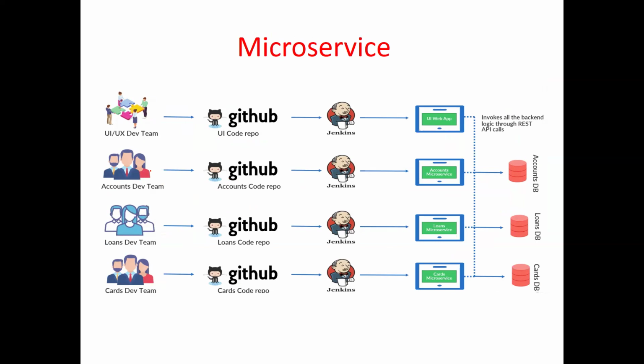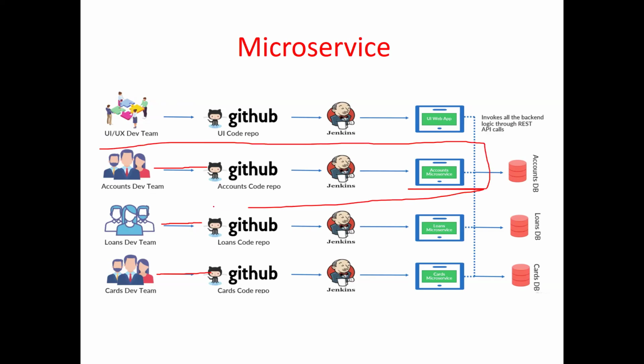Now accounts has an accounts repository, loans has a loans repository, cards has a cards repository. Every repository means one scrum team. In a real organization, this is completely worked on by one scrum team, and this is another scrum team, and this is another scrum team.